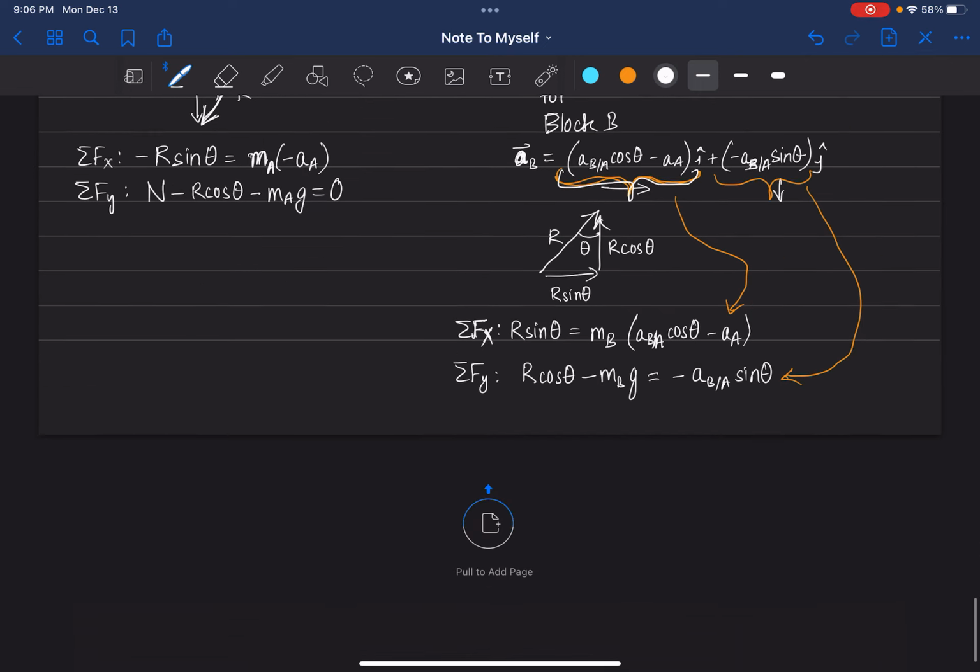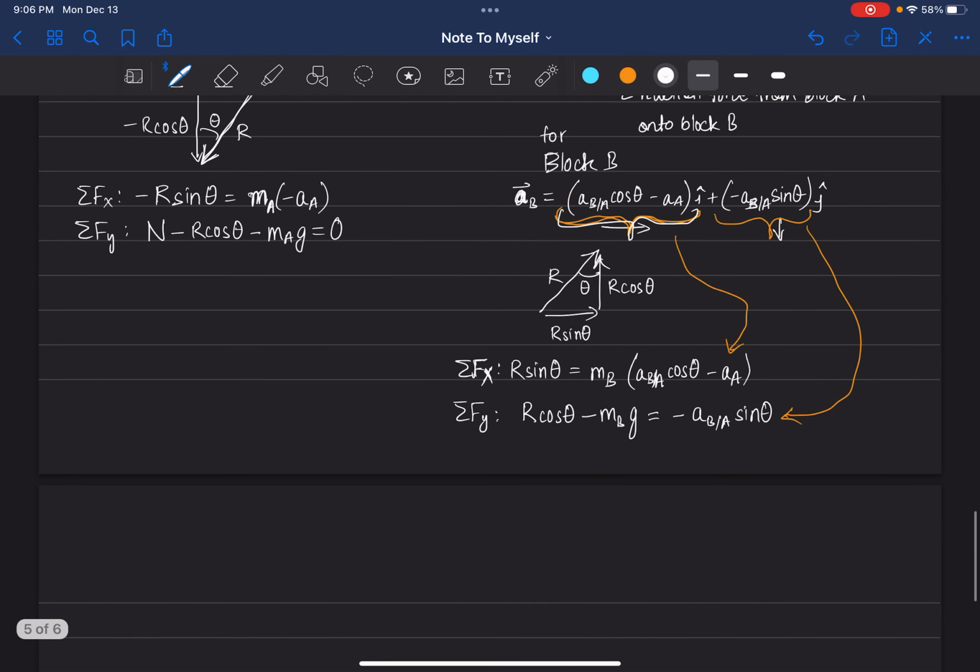Okay, so we want to find the acceleration of A and the acceleration of B. Now we have one equation, two equations, three equations, four equations. Let's see how many unknowns we have. N is an unknown. Acceleration of A is an unknown.